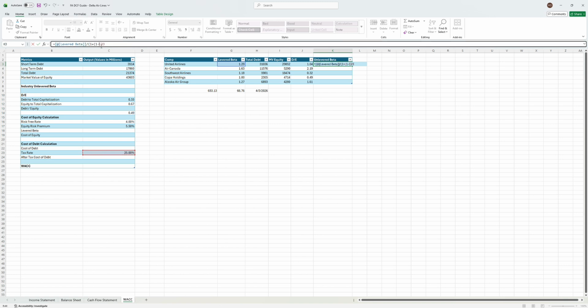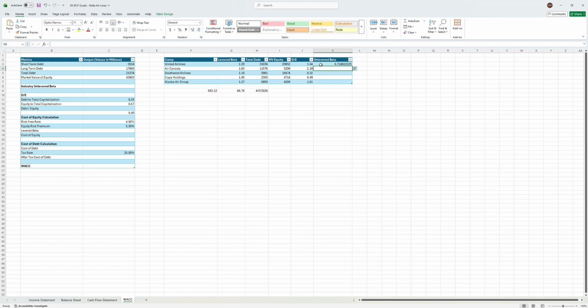And for this, I will put a dollar sign right here to hold that stagnant. And it's going to be times our debt to equity for the company. Boom. And that is going to be our unlevered beta for United Airlines in this example.